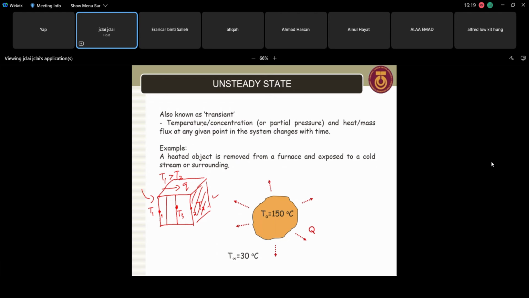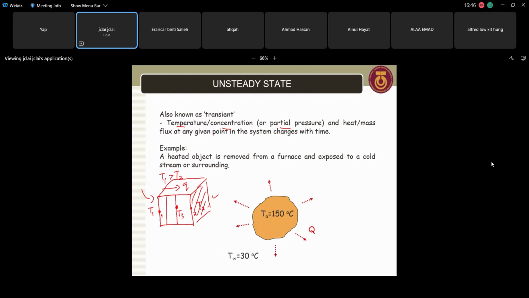But what about transient? Transient is the opposite. When we talk about heat transfer, it means temperature. If you talk about mass transfer, then what we mean is concentration or partial pressure. If it is a gas system, we use partial pressure.